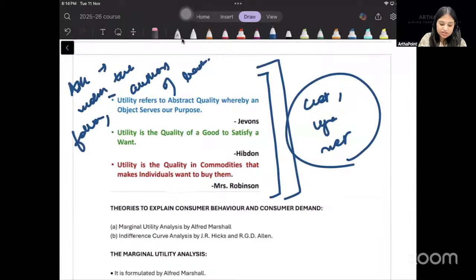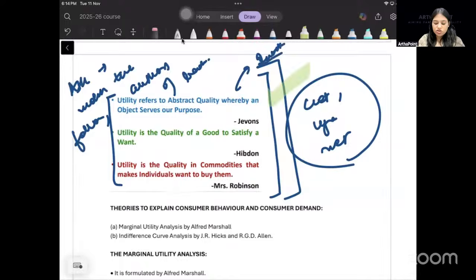You may be given certain statements and asked who gave which statement. Or they may say utility is the quality of a good to satisfy want. Who gave this statement? So I have given you some important statements here of who said what. You can just remember them. Read them carefully once to see what this is all about.